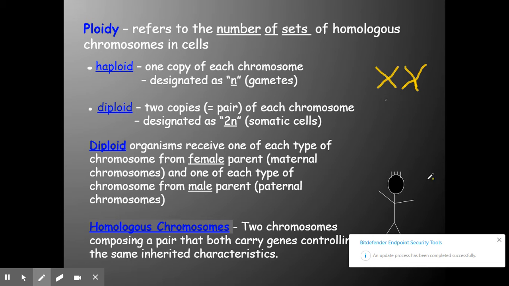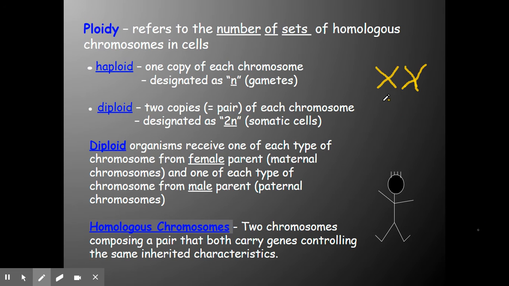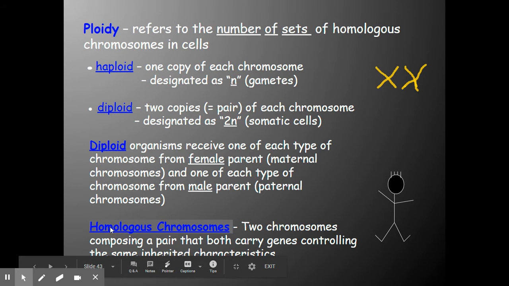So say this is a chromosome that codes for like eye color or something. Then the homologous chromosome to that is the one that has the exact same genes as this one does. And so homologous means they're the same chromosome, only twice. They're paired up. Okay?